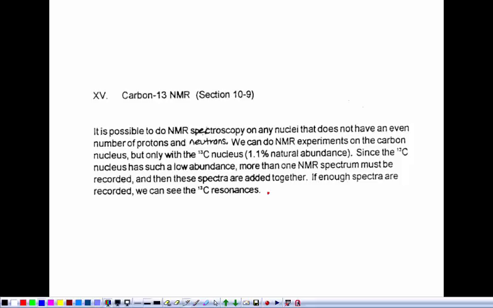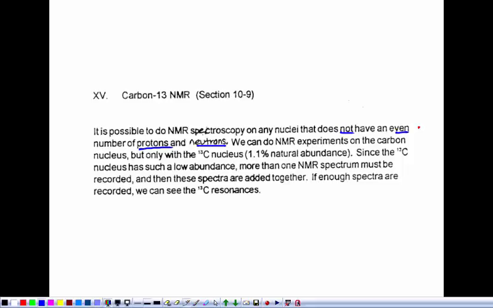For instance, protons are not the only nucleus that we can do NMR with. As a matter of fact, we can do NMR on any nucleus that does not have an even number of protons and neutrons. As long as the nucleus does not have an even number of protons and neutrons, it has the possibility to do NMR.